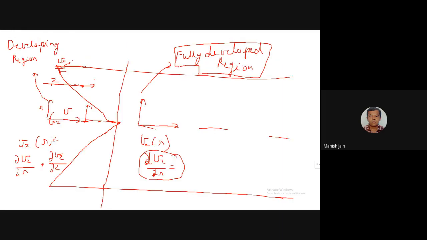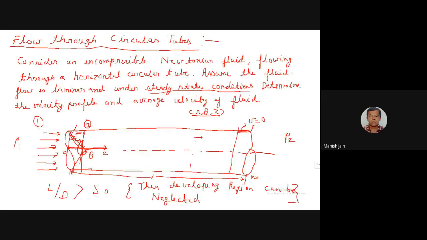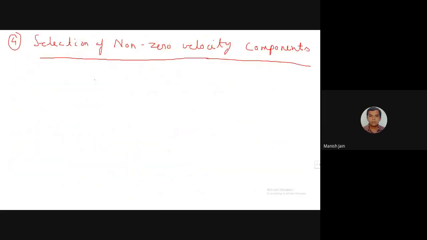Velocity is a vector quantity. It has 3 components. So in this diagram, we have selected the cylindrical coordinate system. So velocity v has the 3 components: v z, v r, and v theta. Now, in the most generalized form, Vz may depend upon z, r, theta, and time t.